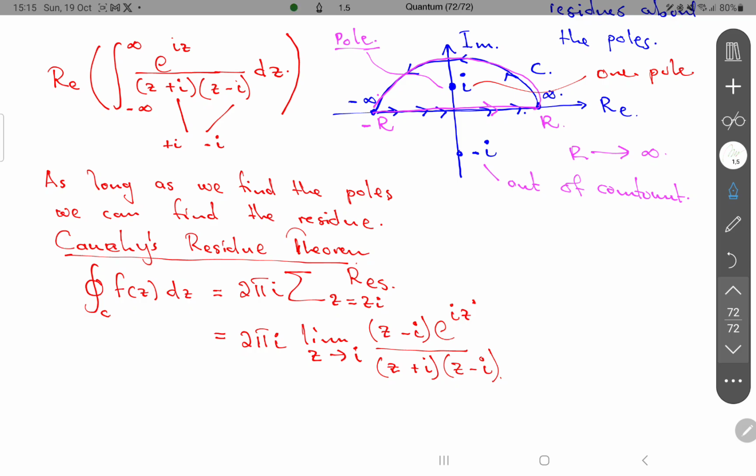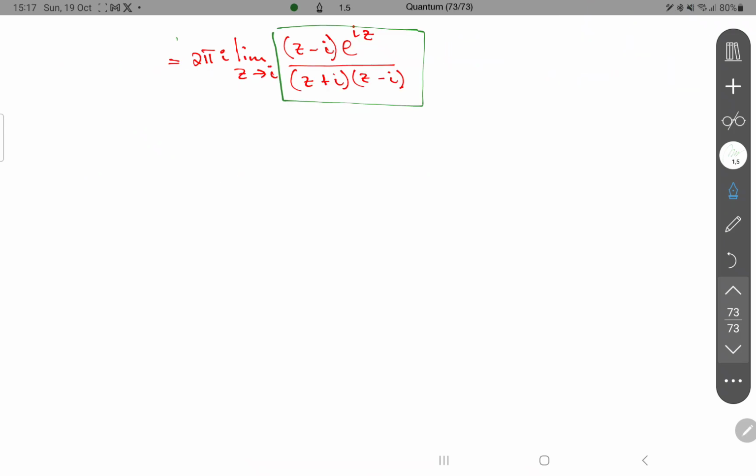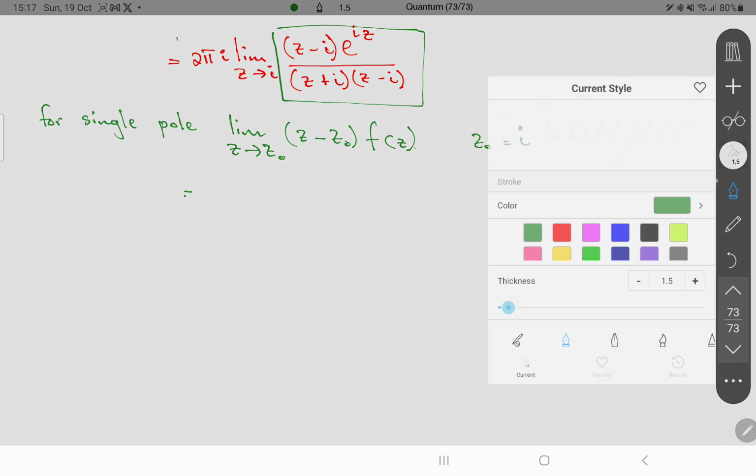To help those who don't understand where this is coming from, I will put the clear definition here. For a single pole, like you see, I had a single pole, it's the limit as z approaches z naught, that is the pole, of (z minus z naught) f of z. Remember, my z naught is equal to i.